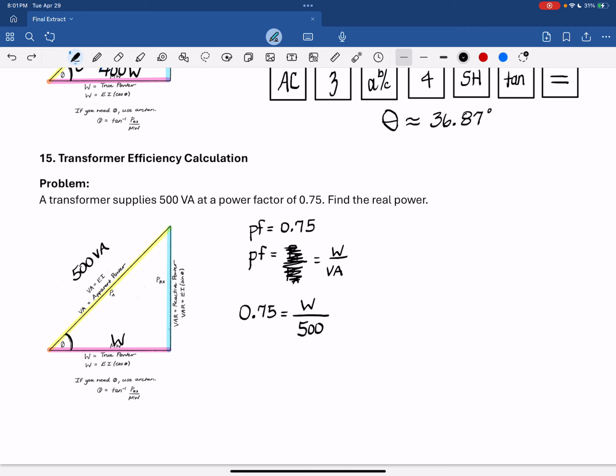And I wanted you to know that they are the same thing. All right, so we're going to multiply 500 to both sides. And we're going to cancel. So true power is going to be 75% of 500. And that is going to be 375. That is true power. And that's your answer.